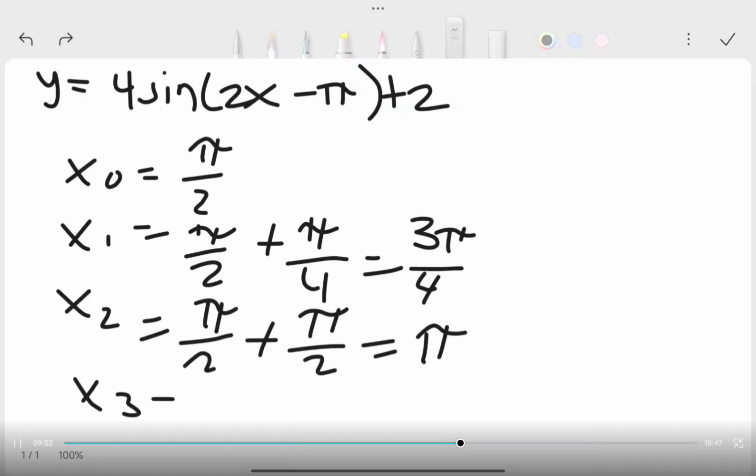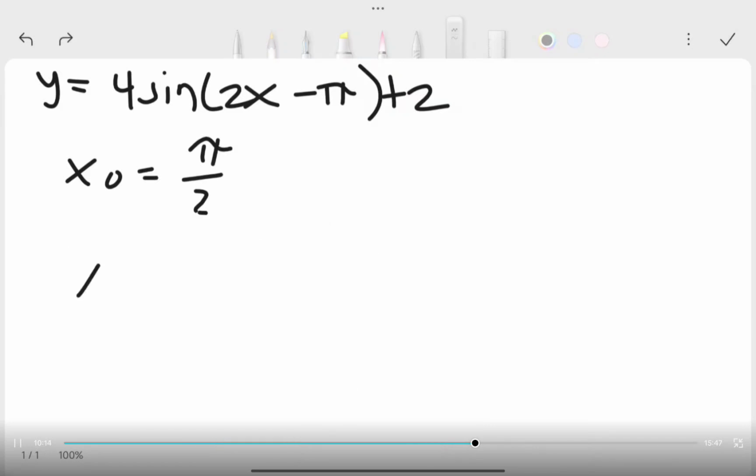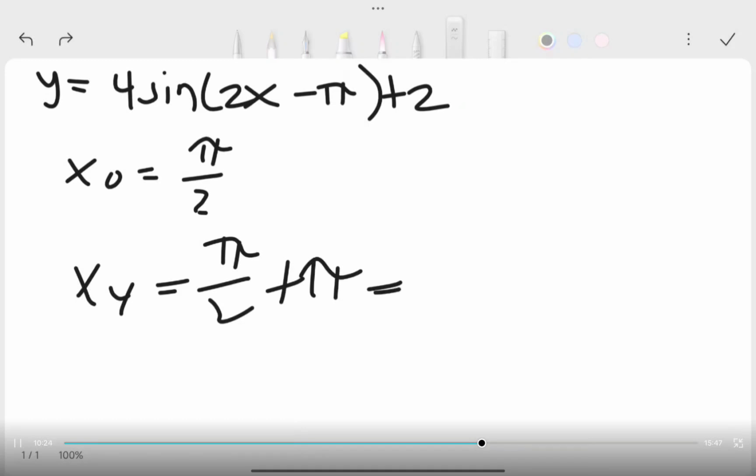And our x sub 3 is pi over 2 plus 3 pi over 4, or the 3/4 minimum. And last is the end of the cycle, x sub 4, pi over 2 plus pi, which is equal to 3 pi over 2.